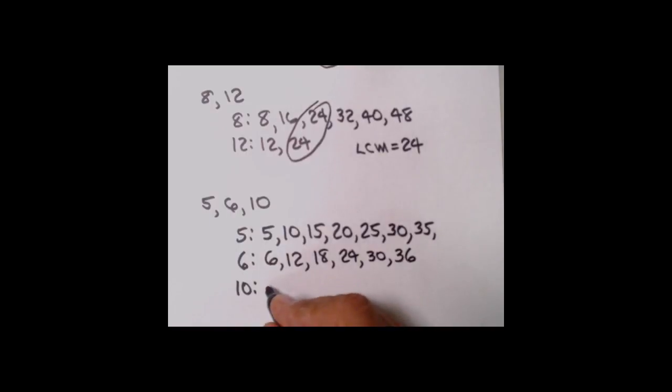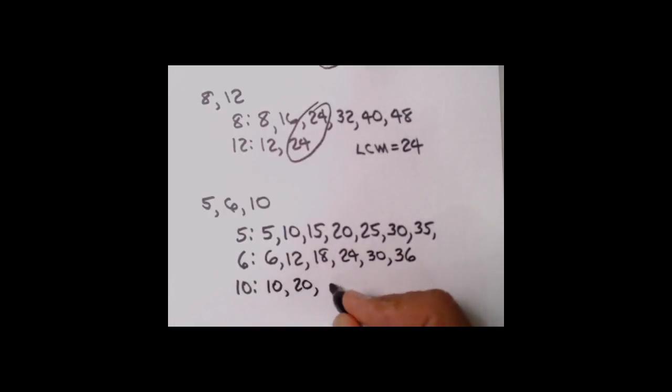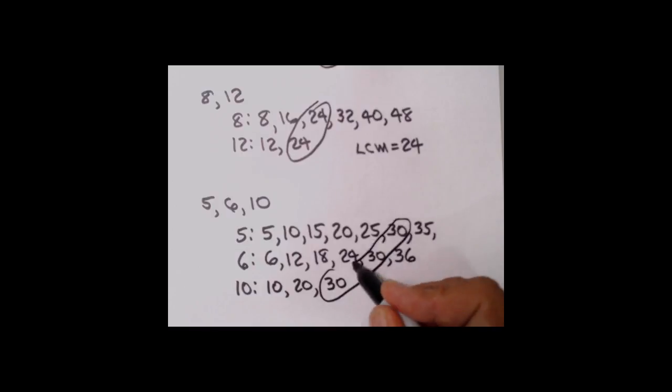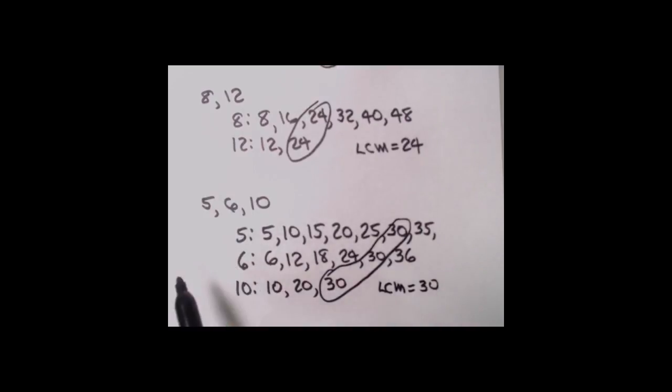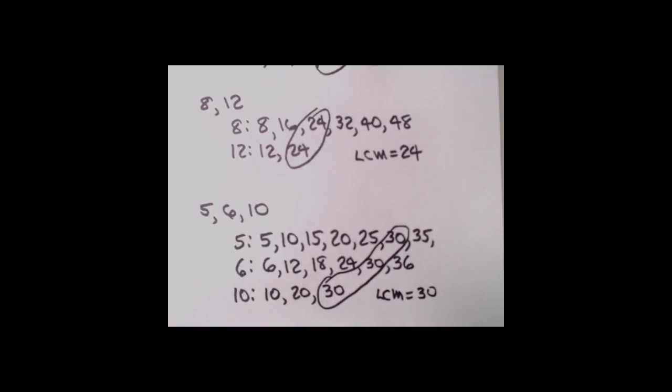So let's get to multiples of 10. 10, add 10 to that, I get 20. Add 10 to that, I get 30. Yes, indeed. Turns out that 30 hits all of these. So the LCM of all 3 of these is 30. Now, if you multiply these numbers together up here, you get 300. So this is definitely a big improvement in terms of the lowest common multiple.